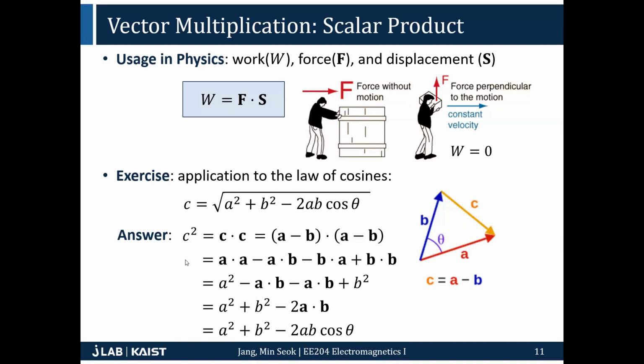And then if you expand this, A dot A, B dot B, and then these inner products, A dot B, B dot A, so this is equal to A squared plus B squared minus 2 A dot B. And then A dot B is again AB cosine theta, right? So if you summarize this, C, the length of this side, is equal to the square root of A squared plus B squared minus 2AB cosine theta. This is the second law of cosines.